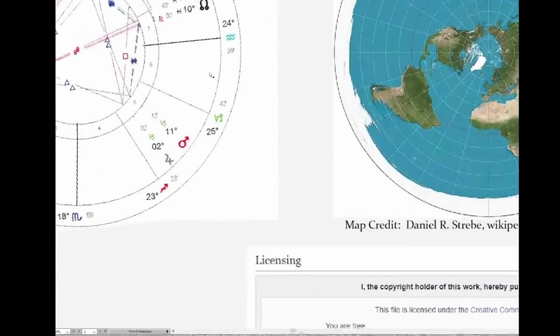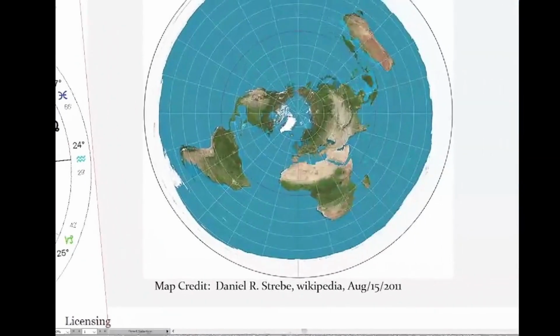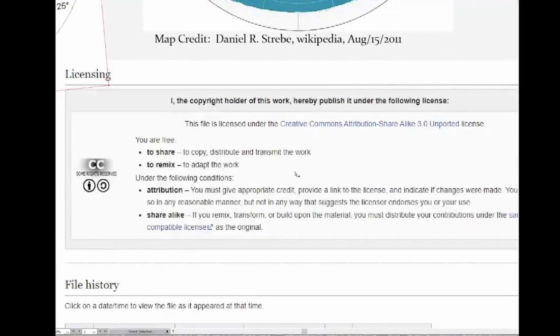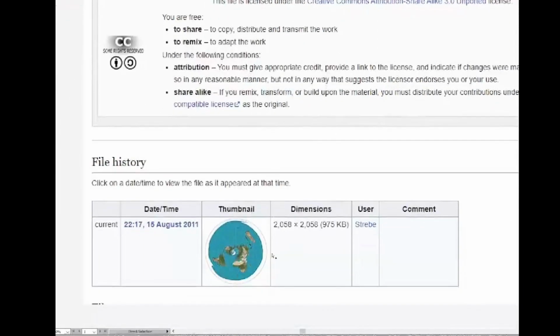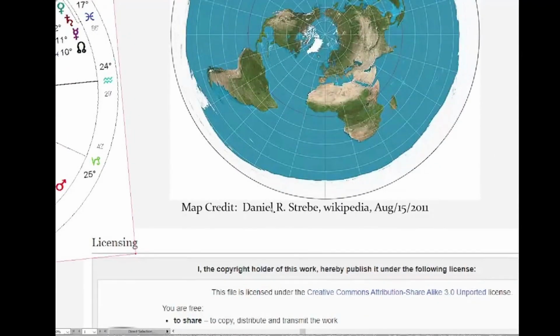I'm just going to show you how this is projected onto this. But I have to give credit to Daniel for his great work, and it looks like a pretty accurate map, which I'm going to explain to you later. So there's the license, and thank you, Daniel.